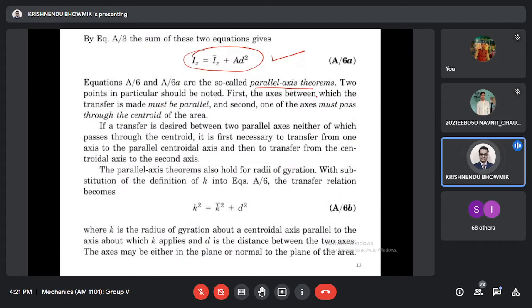Two points should be noted. First, the axes between which the transfer is made must be parallel. Second, one of the axes must pass through the centroid of the area.